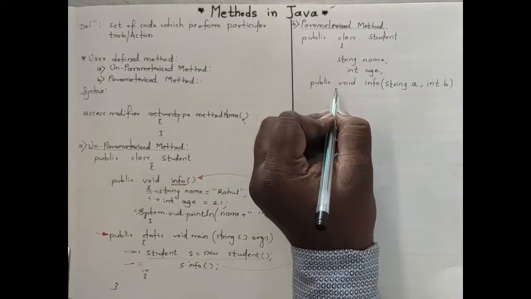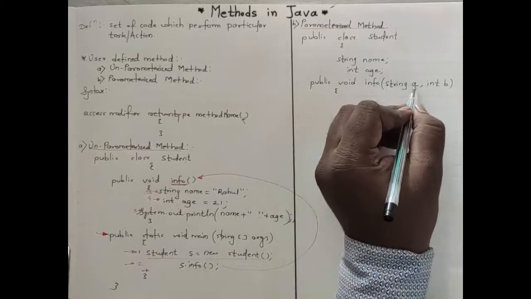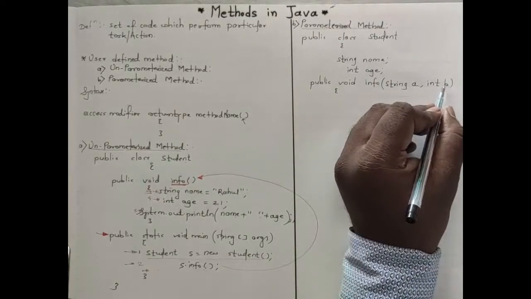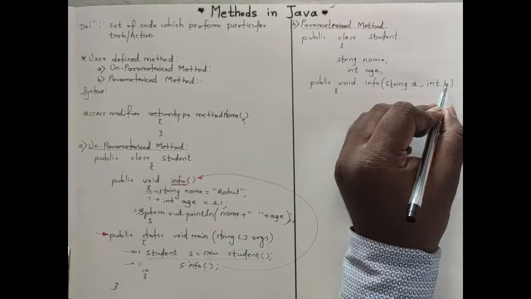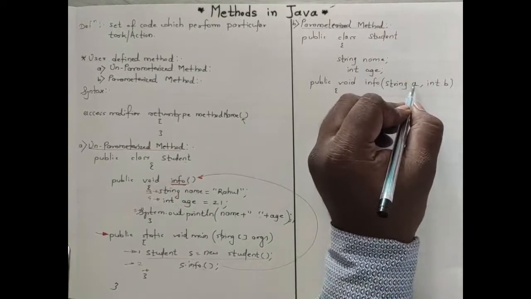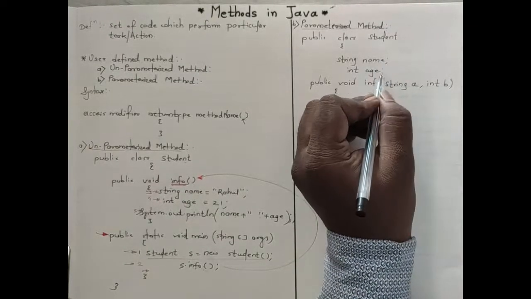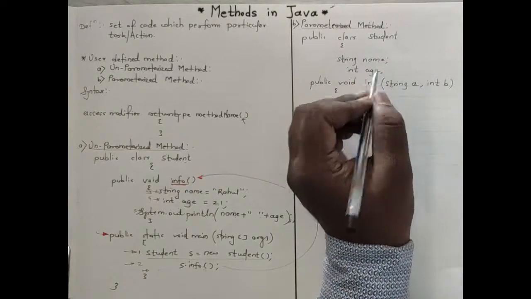Okay, so inside that I need to declare what a is and what b is. That a is nothing but name and b is nothing but age.